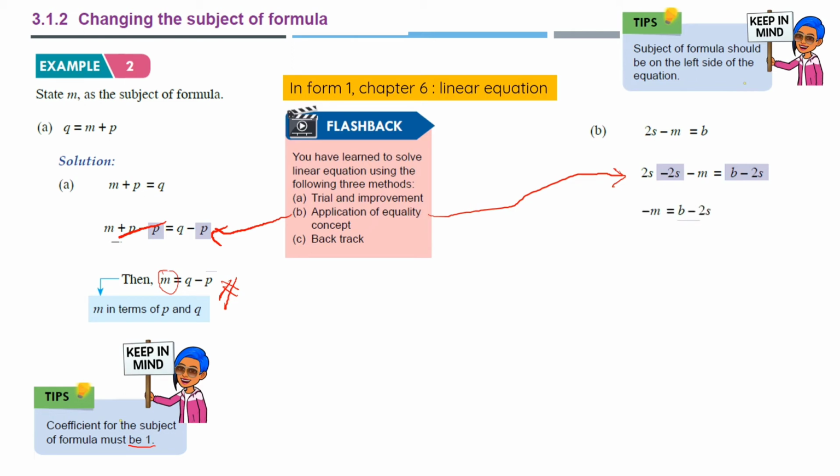So negative M is what's left on the left side of the equation here. Negative M equals b minus 2s. 2s minus 2s here has become 0. So what's left is negative M equals b minus 2s.